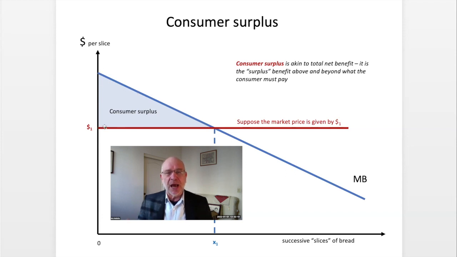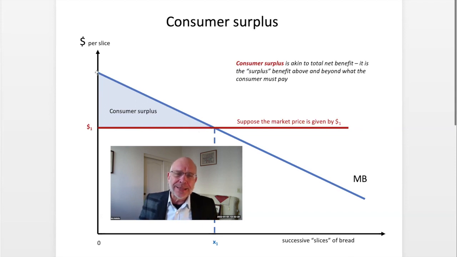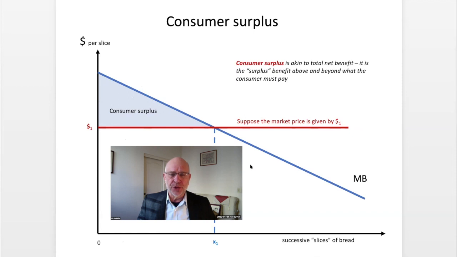So you can think of it as not exactly a profit, but this net benefit, this surplus that does come to the consumer, because for some of these intra-marginal slices of bread, the benefit to the consumer exceeded the costs that they're paying. And that's wherein the surplus is derived.